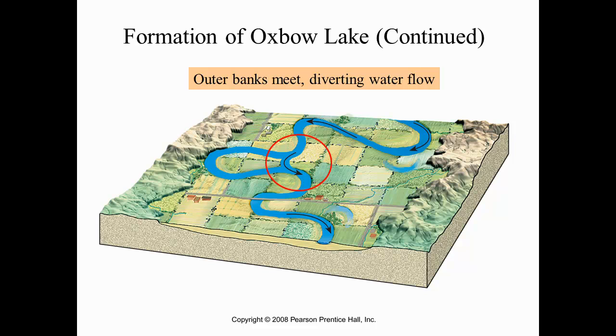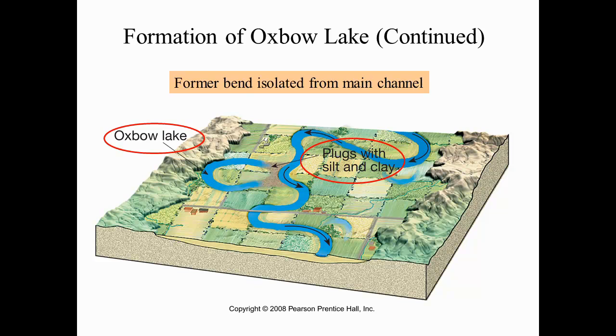Eventually, the outer banks will meet, diverting the overall water flow. Over time, the abandoned meander will become isolated from the main stream by plugs of silts or clays, creating what's called an oxbow lake, or basically an abandoned meander channel.